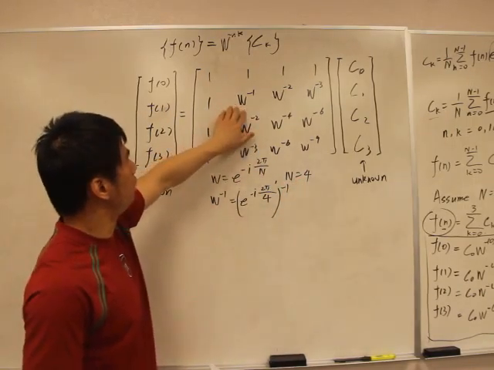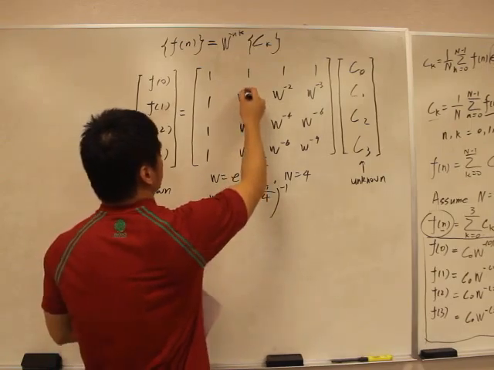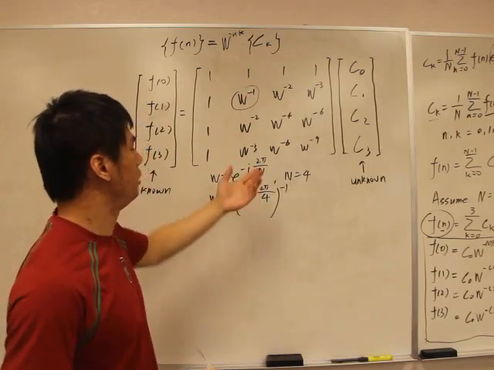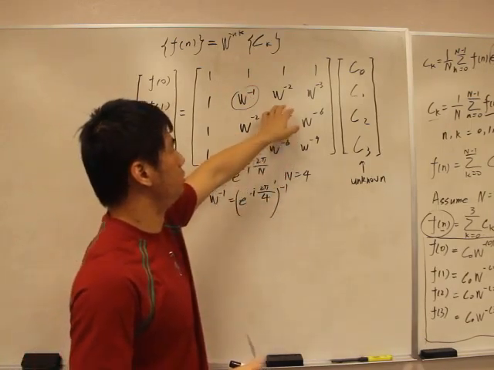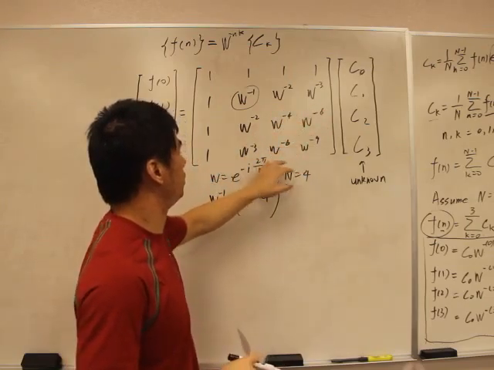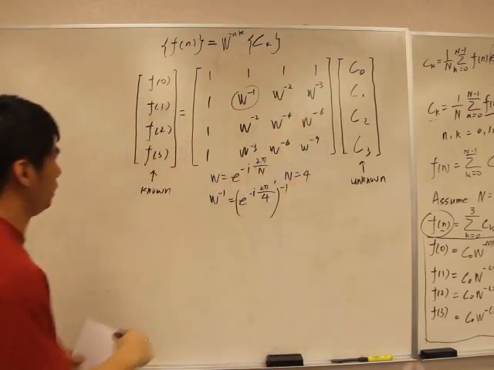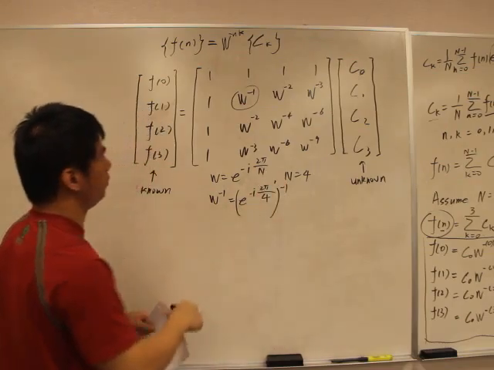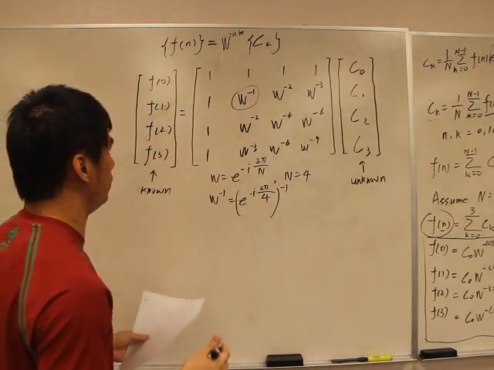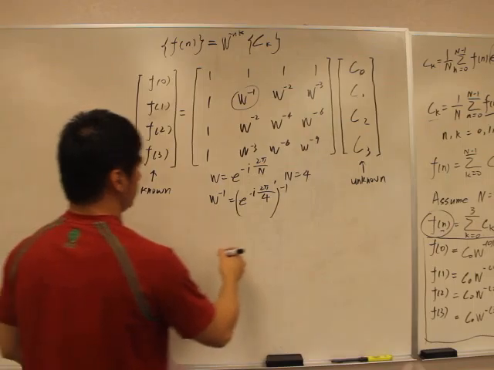So this right here is just a number, a complex number, and every single one of them is a complex number. The purpose of doing it in matrix form is so we can find the inverse of this matrix.